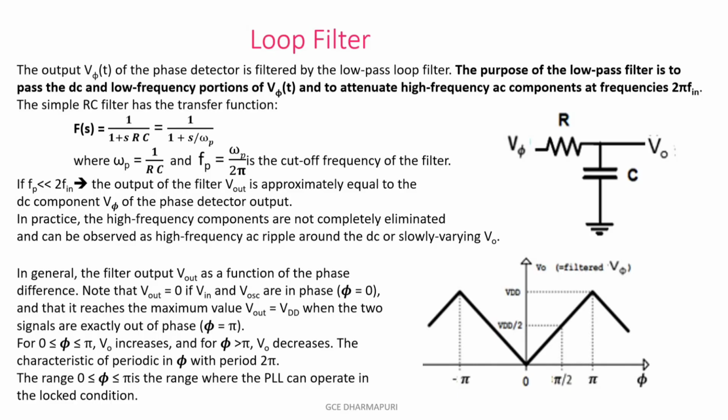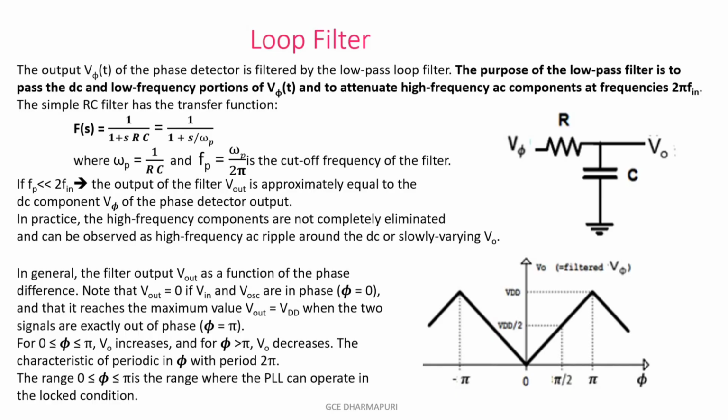In general, the filter output Vout as a function of phase difference. Note that Vout is equal to 0 if Vin and VCO are in phase, and it reaches the maximum value Vout is equal to VDD when the two signals are exactly out of phase, that is phi is equal to pi. For 0 less than phi less than or equal to pi, V0 increases, and for phi greater than pi, V0 decreases.